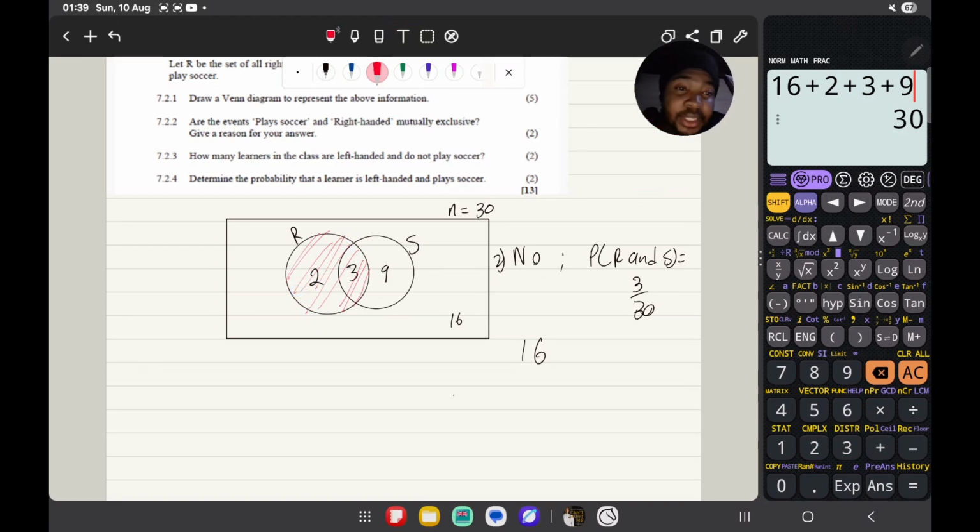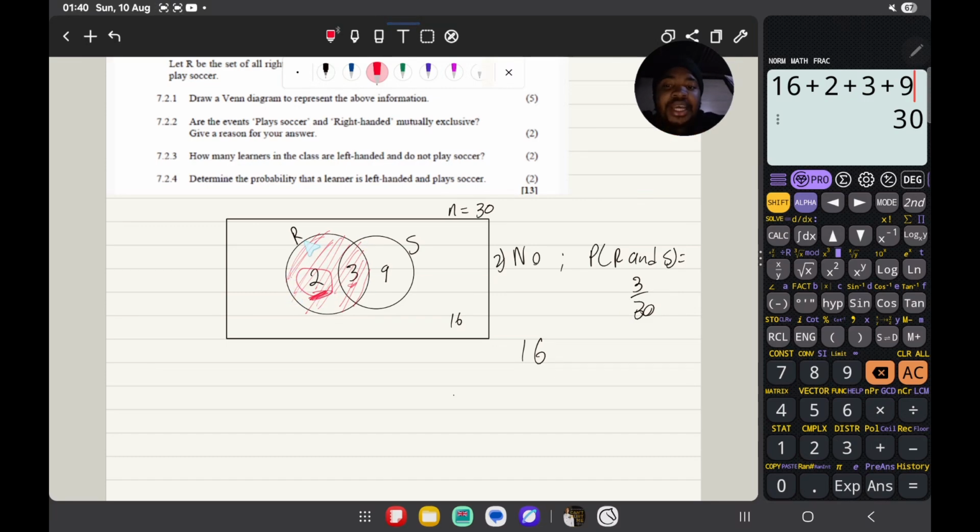We do have people who are right-handed and do not play soccer. The number is 2, because 2 is not within the soccer circle. And learners playing soccer and right-handed, there are 3 of them. So that's the end of the right-handed circle.